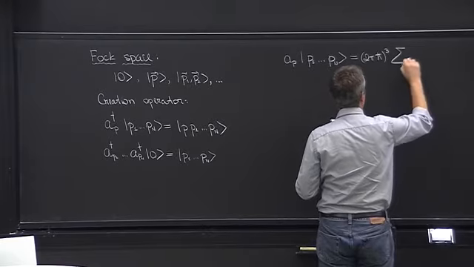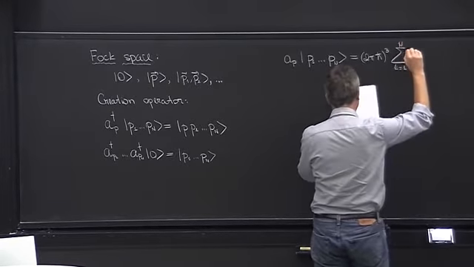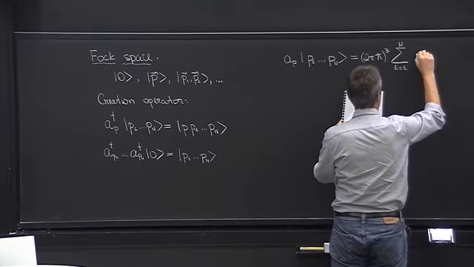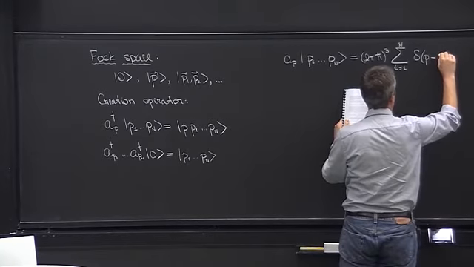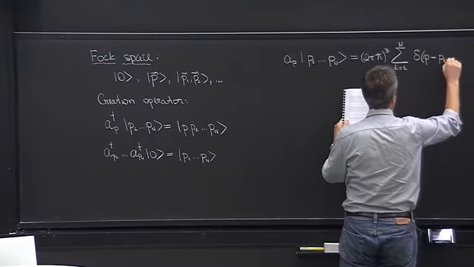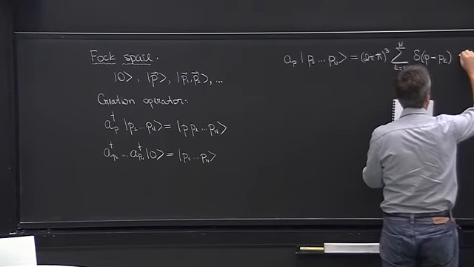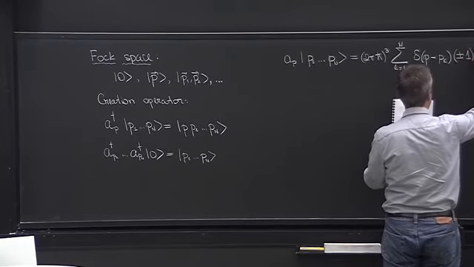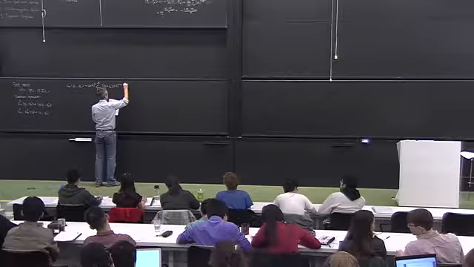And then we should sum over all particles in the state. And so if p is equal to one of the momenta, p_k, then we should remove the particle. And here we need to introduce the statistics factor. So the formula is a little bit different for bosons and for fermions.